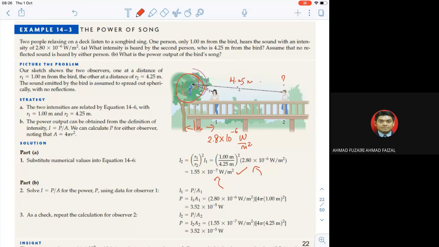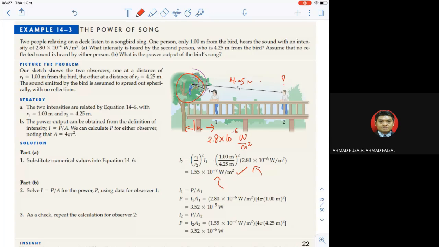All right, while trying, let's look at part B. What is the power output of the bird song? As I'm saying, the power output should be equal, because the sound comes from one bird. The source of the sound is only one, meaning the bird only produces one sound. But the intensity heard by different people is different because of the distance.